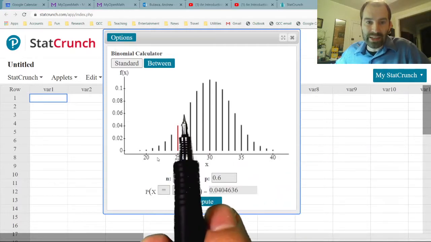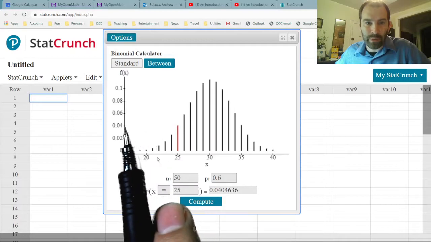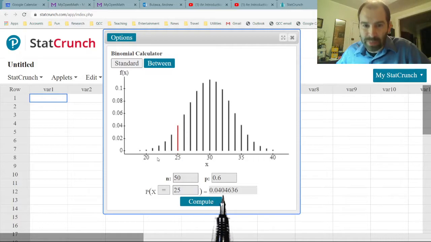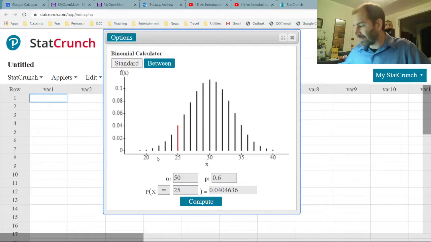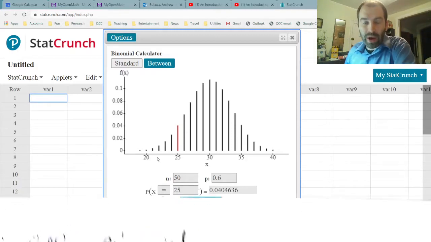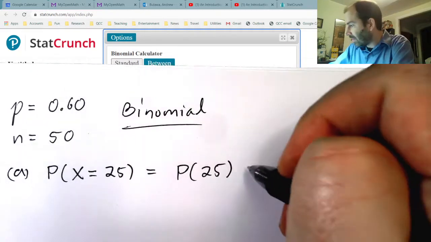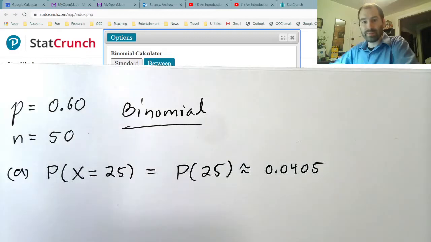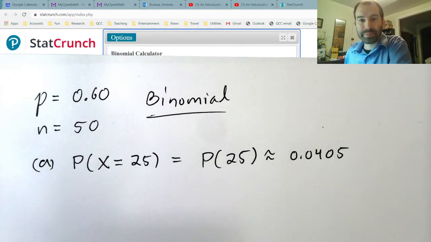And it's not easy to see exactly what its height is. I can see it's around 0.04 by looking at the graph. But if you look down here, it gives almost an exact value. This is probably rounded to 7 decimal places. I don't know if this is exactly right, but it's a pretty good approximation, right? And so that's what I write as my answer. Let's go to 4 decimal places. Approximately 0.0405. That's our probability. Okay?